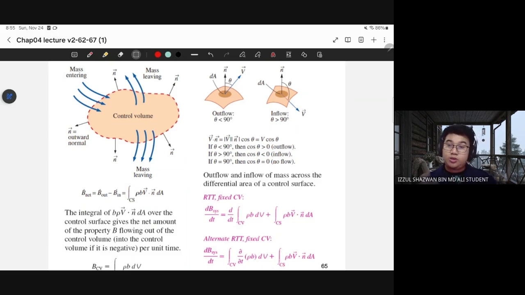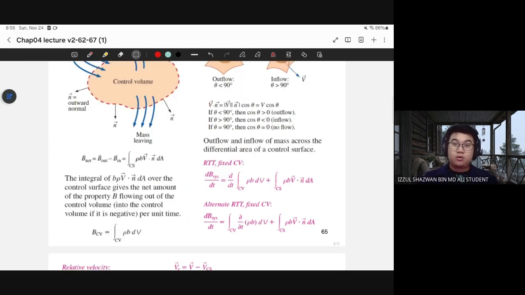This means there is only one mass entering but two masses leaving. First, this is the equation for this type of situation, which is B net equal to B out minus B in. So this will be the equation for this type of integral: B net equal to B out minus B in equal to the integral of rho b V dot n dA.